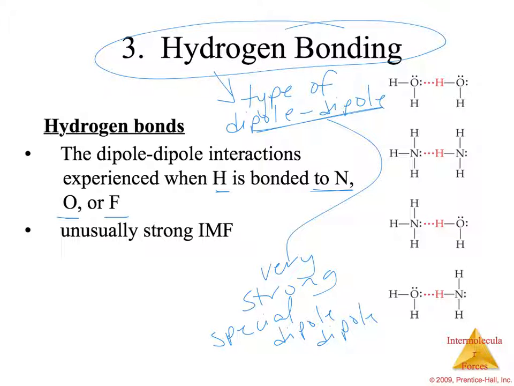If hydrogen is bonded to, these are 2 different molecules. This is a water, and this is a water. And the red dots here, those are your intermolecular force. So what occurs between the oxygen in one molecule and the hydrogen that is bonded to an oxygen in another molecule. So two things. The hydrogen has to be bonded to a nitrogen, oxygen, or fluorine.